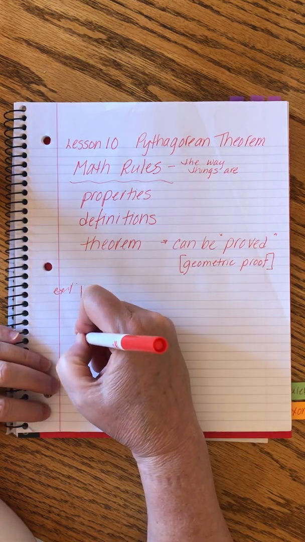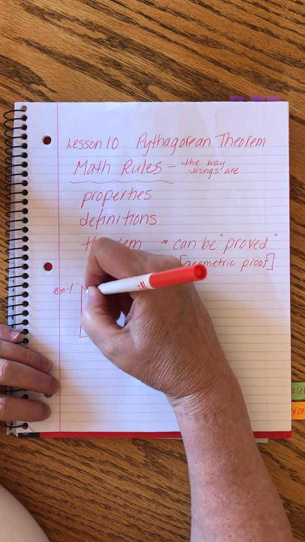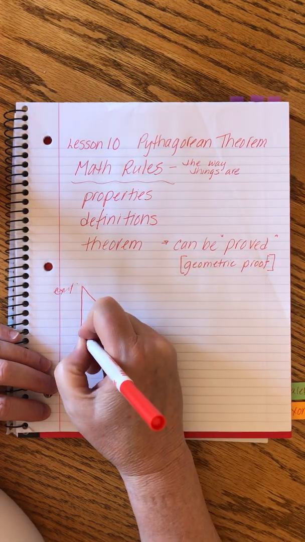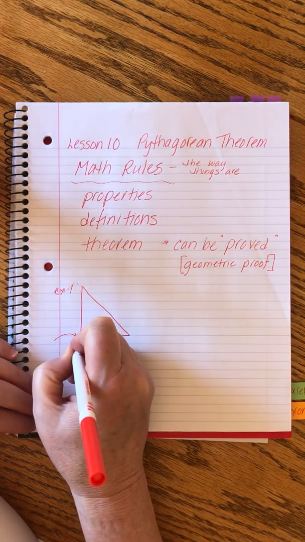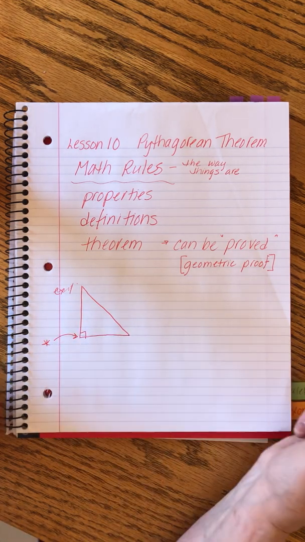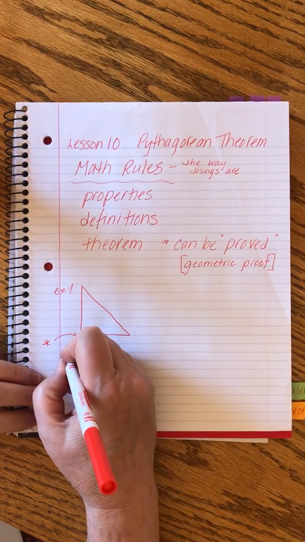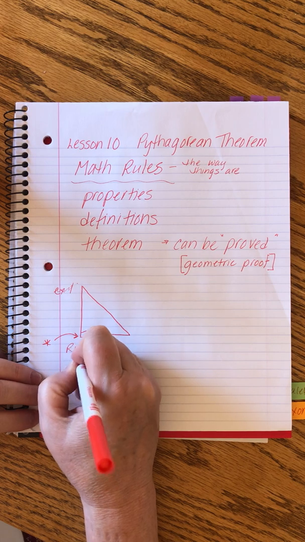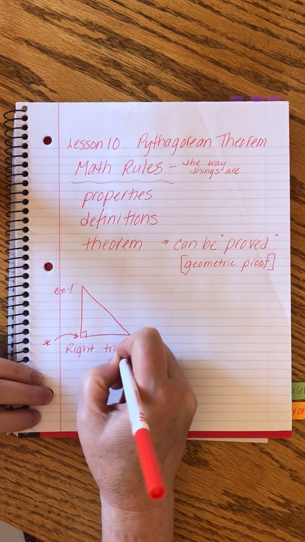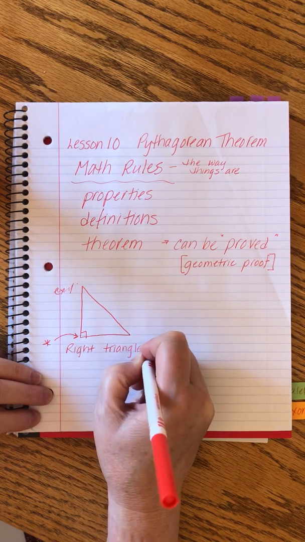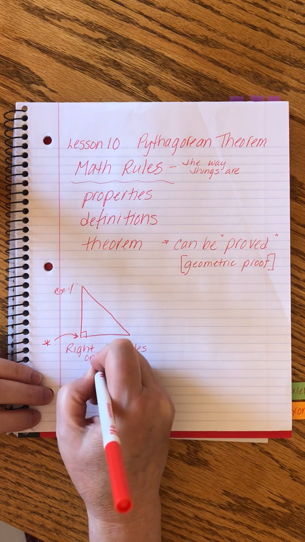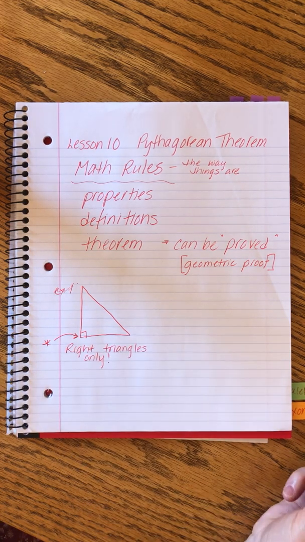Pythagorean theorem works only for right triangles. This is what we're looking for before we can apply the Pythagorean theorem. Right triangles only, right?